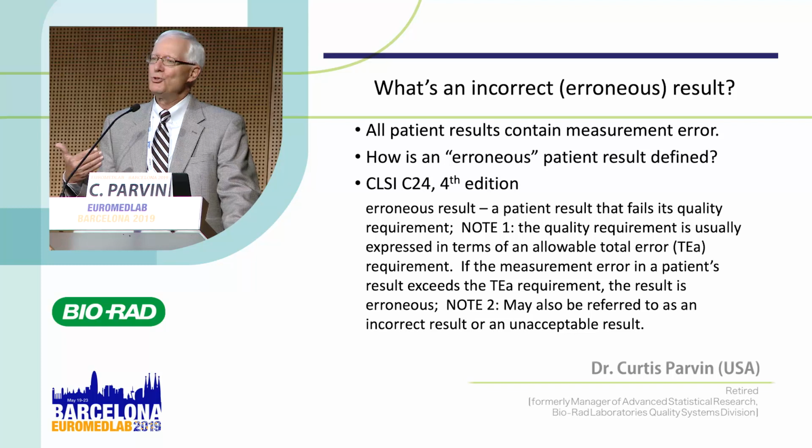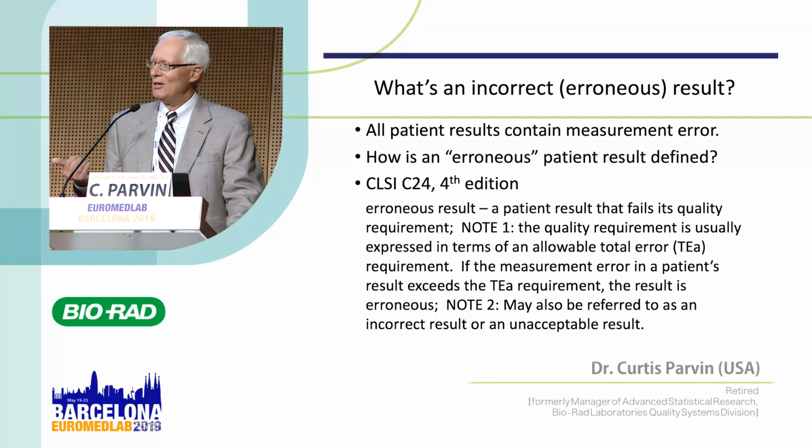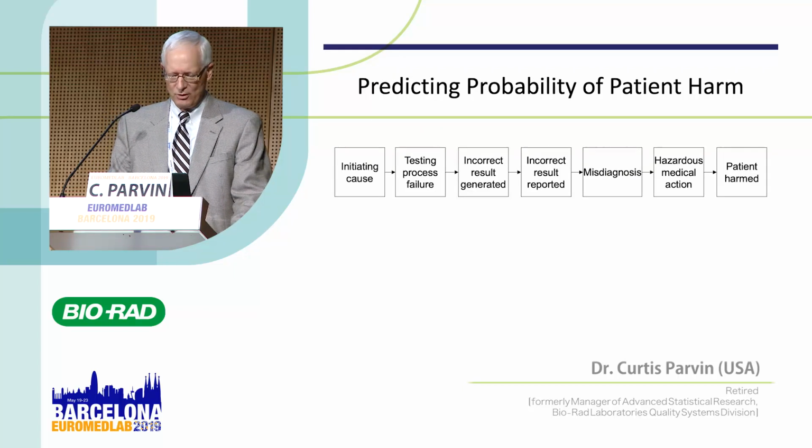I'll try to use the term erroneous result in this presentation, but if I say incorrect result or unacceptable result, it means the same thing. A patient result that contains measurement error that exceeds the allowable total error specification. Okay, so we've defined what we mean by an incorrect result now.